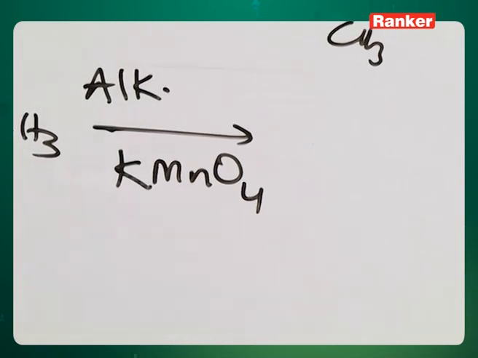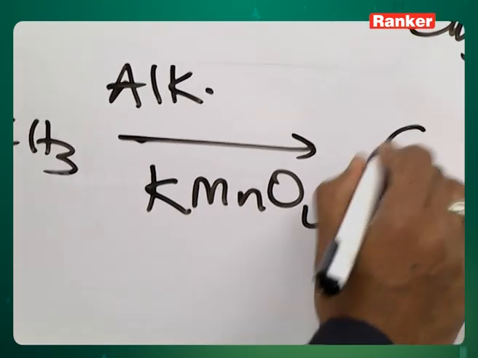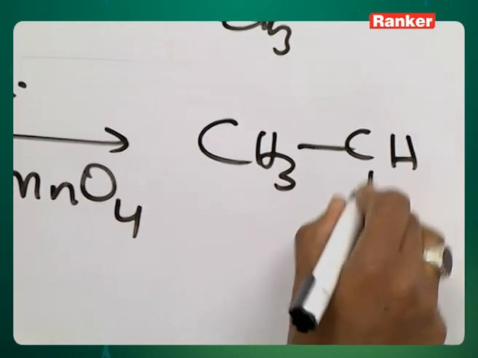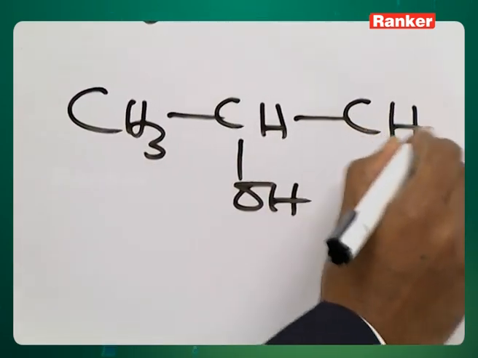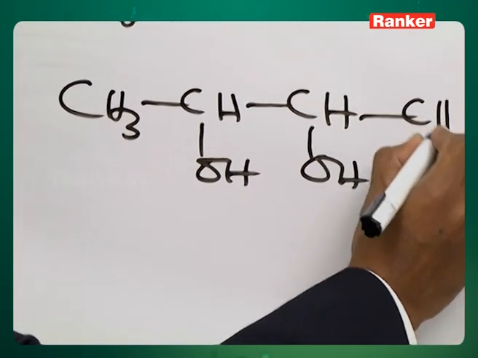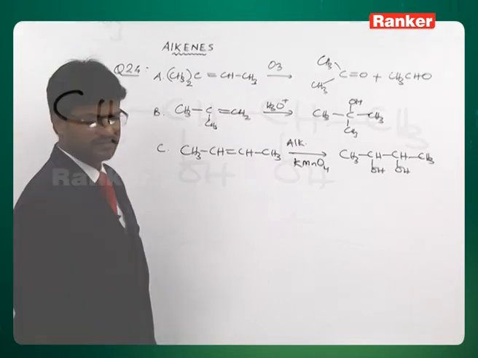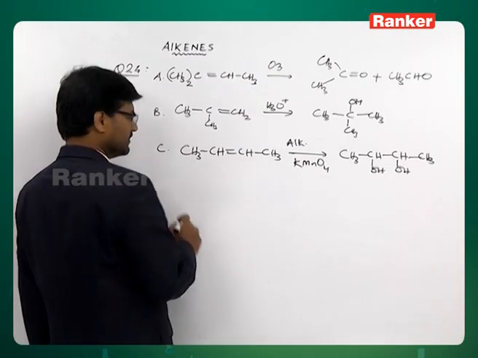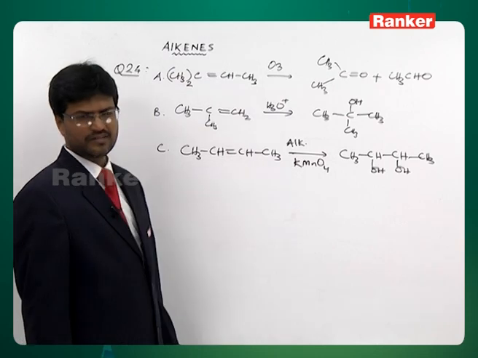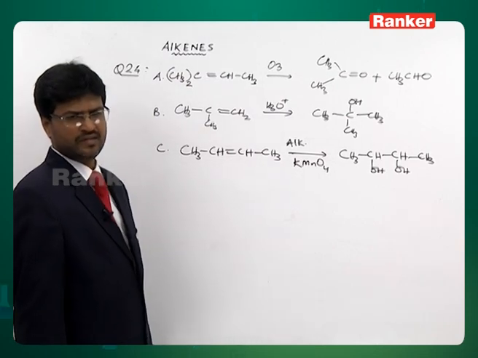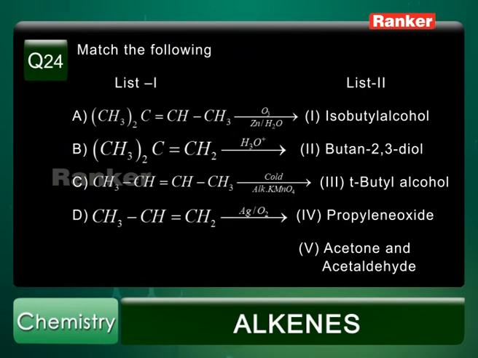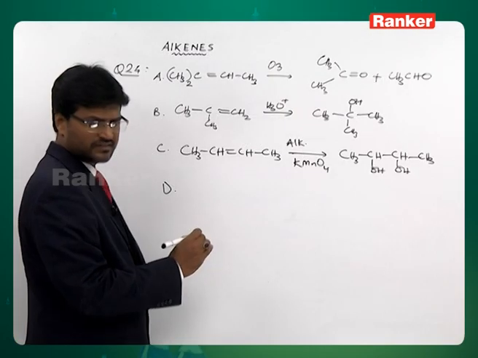This is Baeyer's reagent and it brings about cis hydroxylation. Hydroxylation means 2 OH groups get added across the double bond. So, C should be matched with 2, that is butane-2,3-diol.